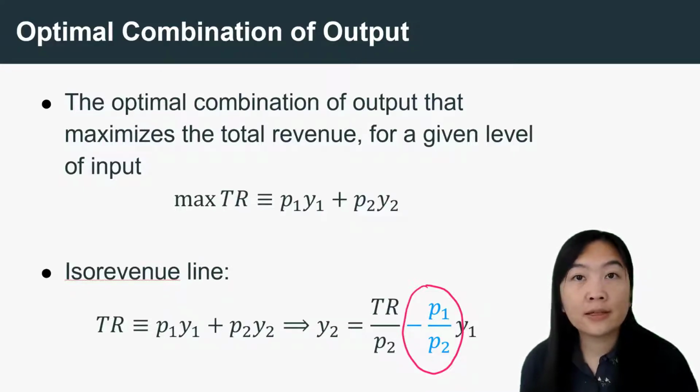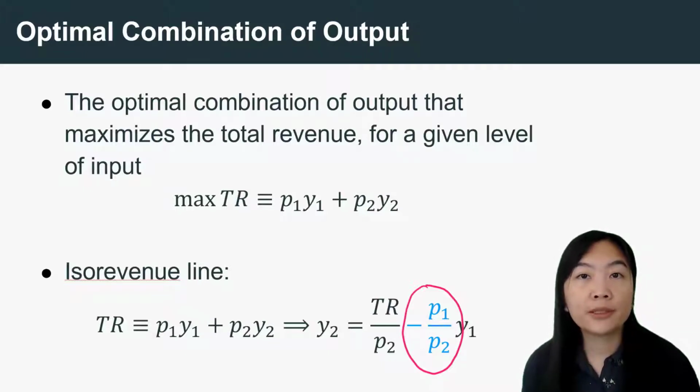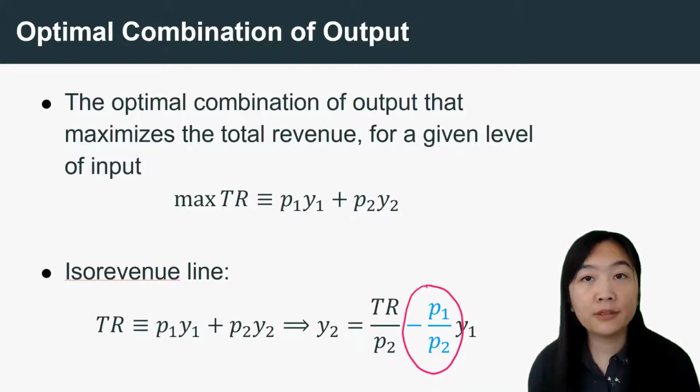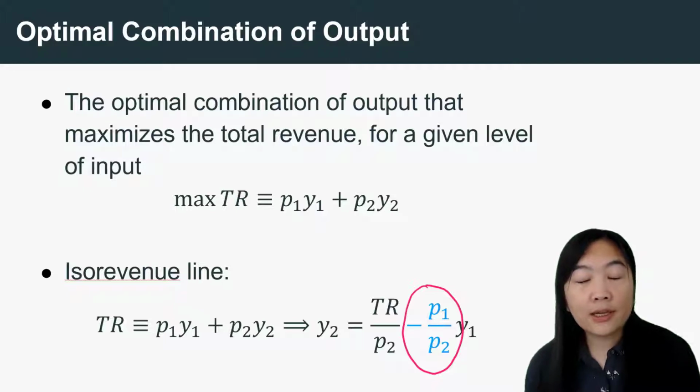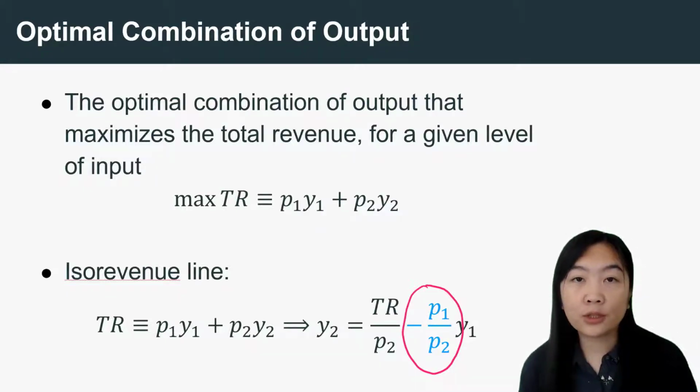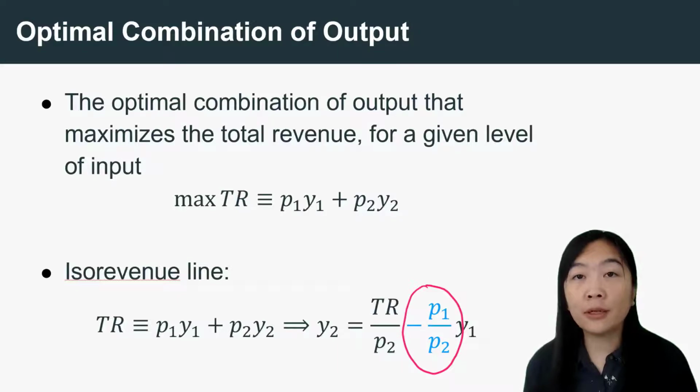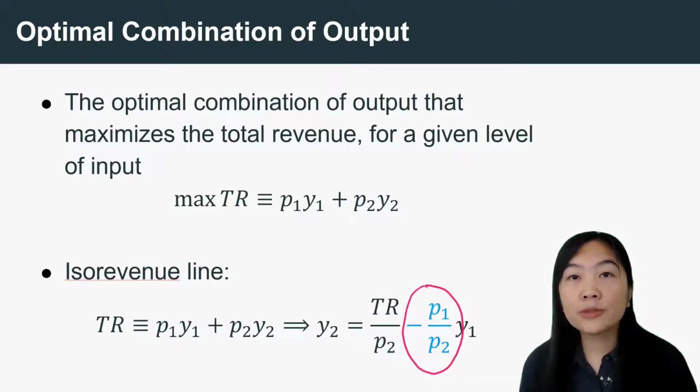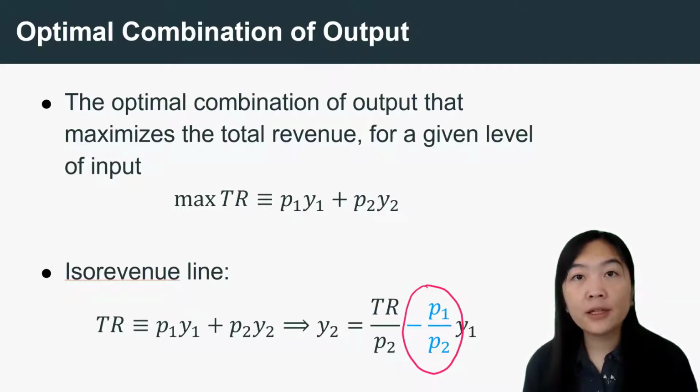So for a firm to find out the optimal combination of output, similar to the optimal combination of input case, there is something that is given. When there are two inputs and one output, it's the output level that is already given. And back to our current case, where there are two outputs and a single allocable input, we assume the input level is already given. So if the input level is already given, then the producer's problem is intuitively to try to get as much revenue as the producer can get.